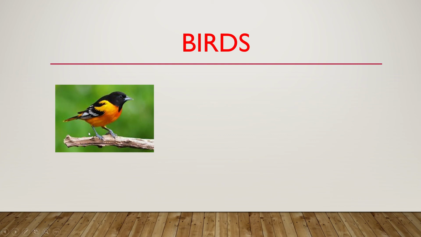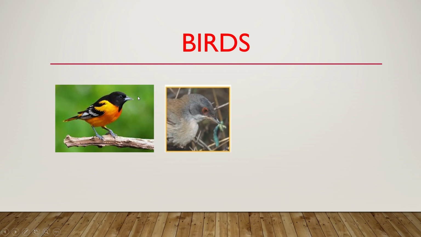This bird has two legs. Yes, has two legs. And its mouth, but the mouth here is called a beak. The beak helps the bird to eat. So the birds have two legs, beaks, and what about this?